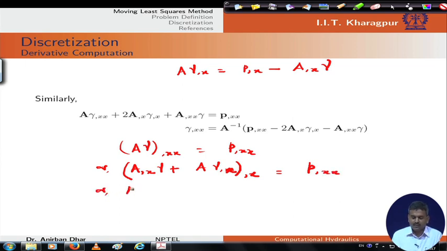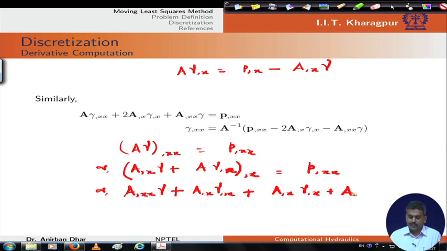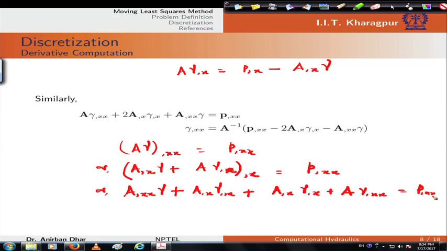So, this is A comma double x, this is gamma plus A comma x gamma comma x, plus from the second term we get A comma x gamma comma x plus A gamma comma double x equals to P comma xx.